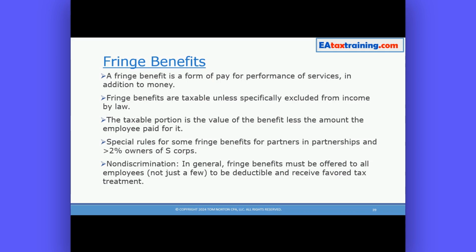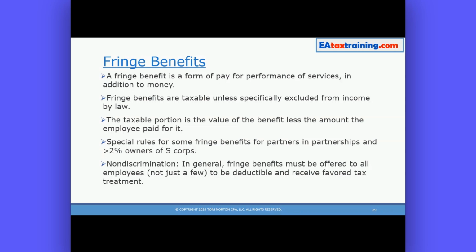So we're going to spend most of our time in this section talking about items that are specifically excluded from income by law. But you need to remember that the general rule, the default, is that fringe benefits are taxable. We're going to talk specifically about the ones that are excluded, but remember, if it's something else, then you should just assume that it is taxable, just like salary is taxable.